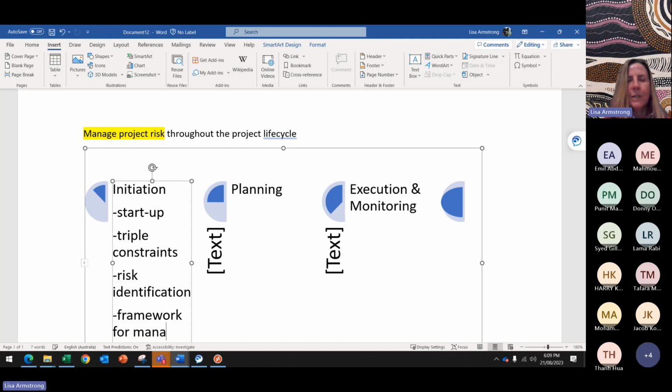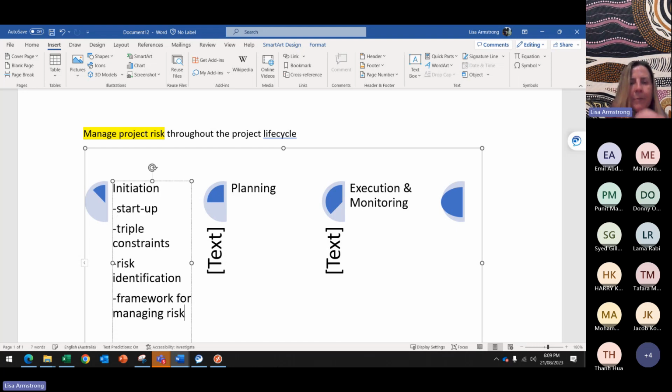How we will actually manage risk throughout our project. And that framework we start to develop in this initiation stage. We haven't even got into that planning stage. We're not yet putting together our whole risk management plan, but we are starting to think about our framework. Very good.